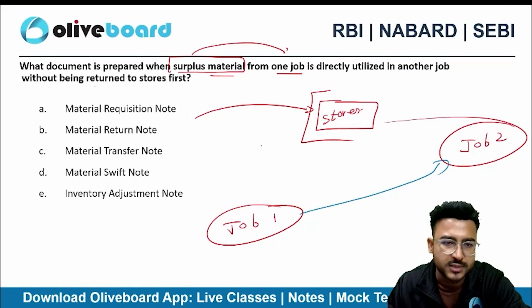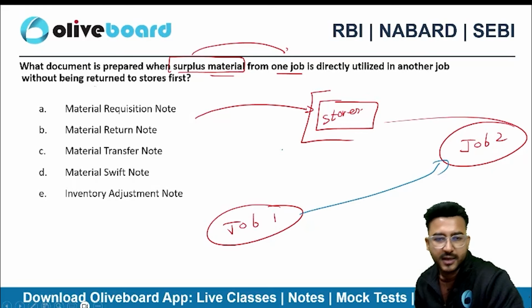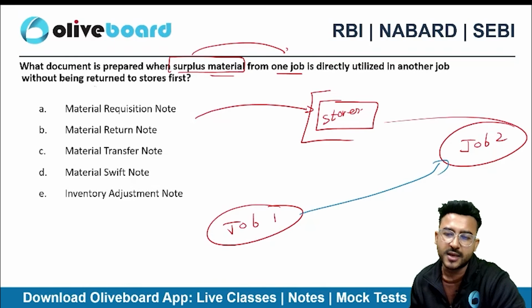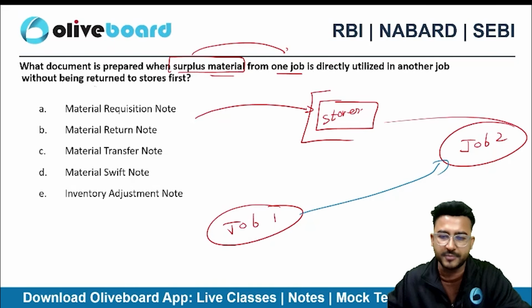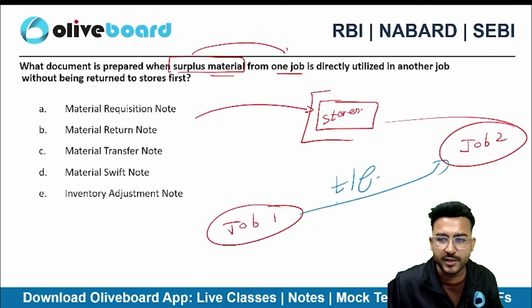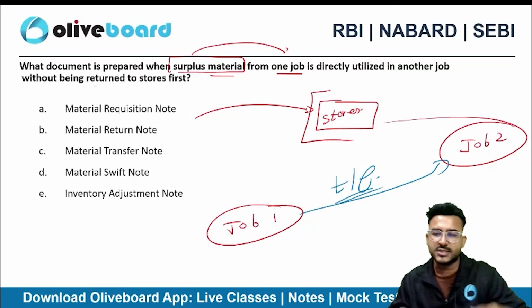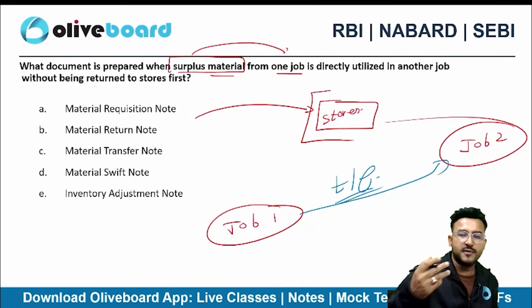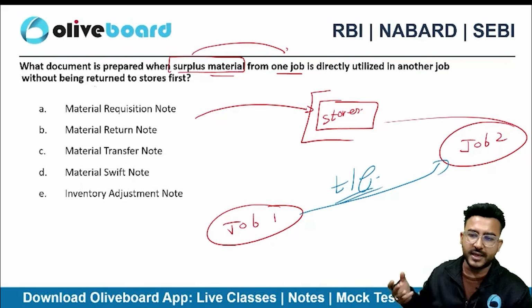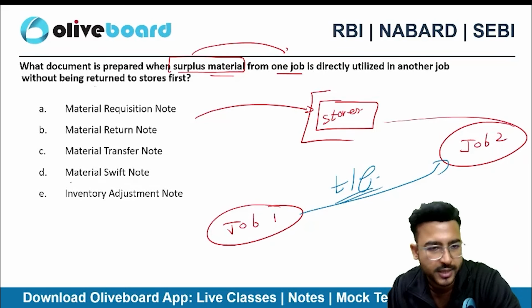If I return it to the stores, I'll be preparing a material return note. But I'm not doing that as of now, I'm just transferring it from one job to another. Now we can't just transfer anything freely without documentation. We need to always do documentation.